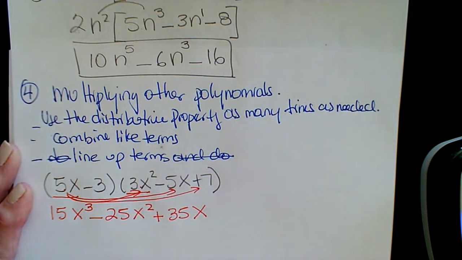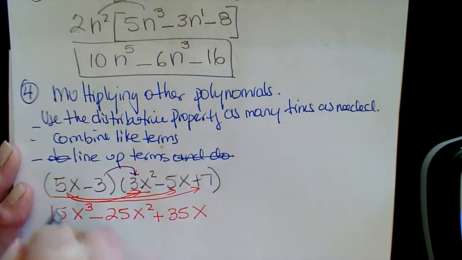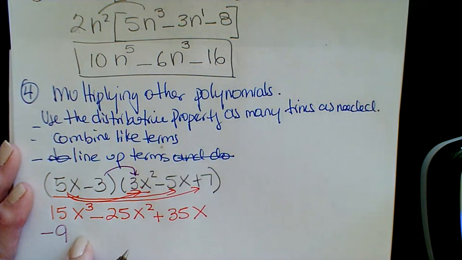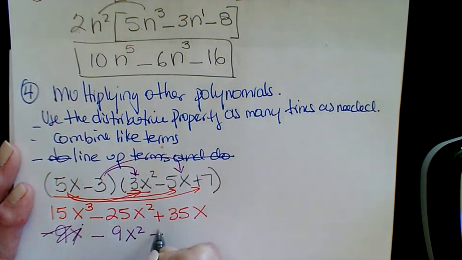Now, let's do the other one. This is going to be what? 3 times 3, 9, but it's going to be negative. You see? I'm going to line up the terms. So 9x to the what? To the second power. So it's supposed to be going here. Now, this one times this one, it would be plus 15x.